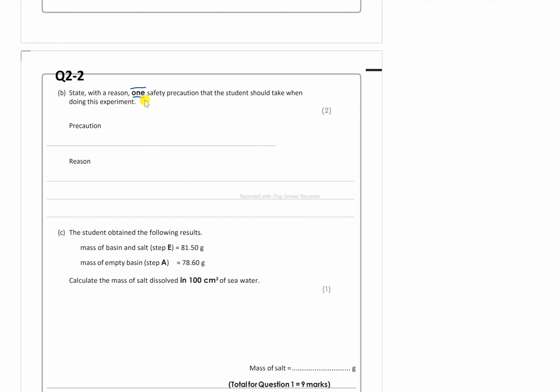So what you could do is wear gloves to stop being burnt, because the basin will be hot when you try to handle it, or maybe hot. So there's a lot of heat. You might accidentally touch the tripod.